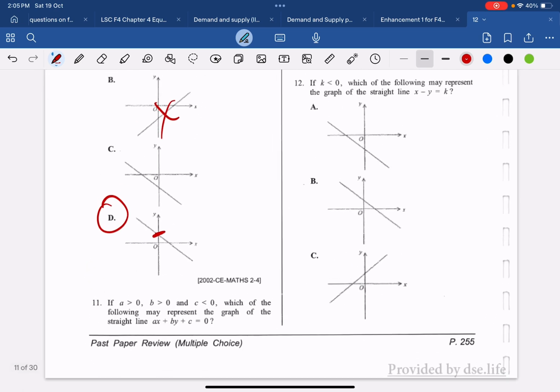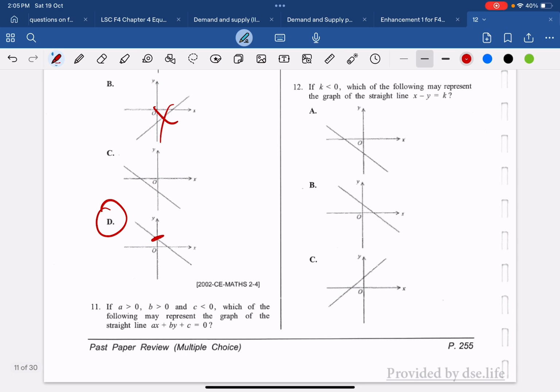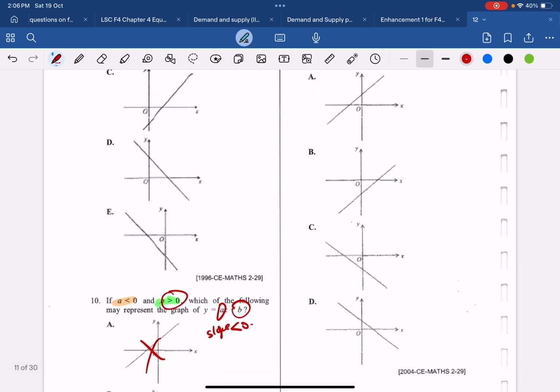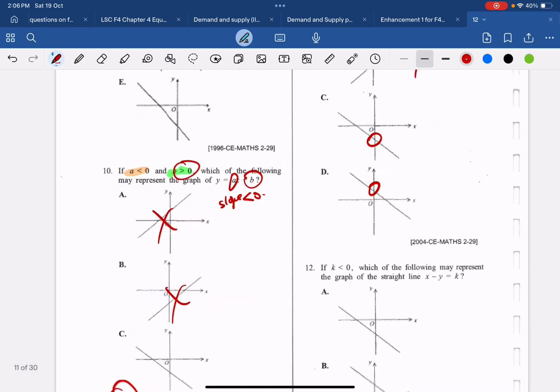Again, this time A bigger than 0, B bigger than 0, but C is negative. The slope is negative A over B, but A over B is positive, which means the slope is negative. So A and B are wrong. Then compare the y-intercept.